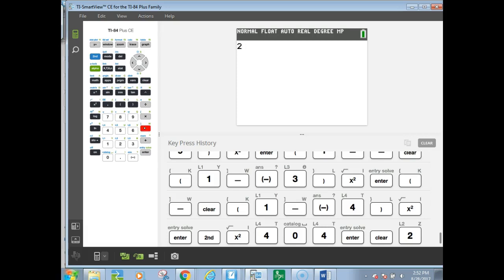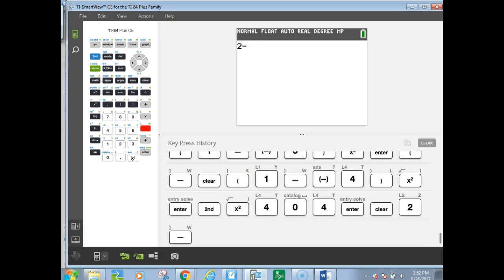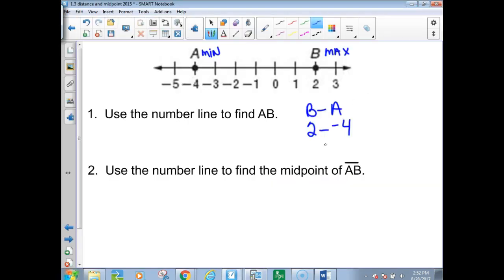If you aren't real familiar with these calculators, the negative sign is way down here to the left of enter. You have to use that button for a negative. You should realize that you're going to get positive from what you learned about integers. However, your calculator can help you out. It is 6. So the distance from A to B is 6.